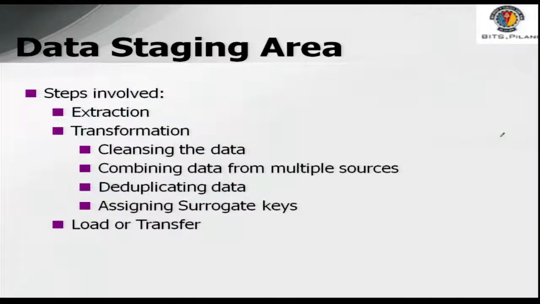So you are shown all the tables that are there in the source systems, and I'm assuming that it is working on a relational platform. So what you can do is say, okay, this table, I need it.